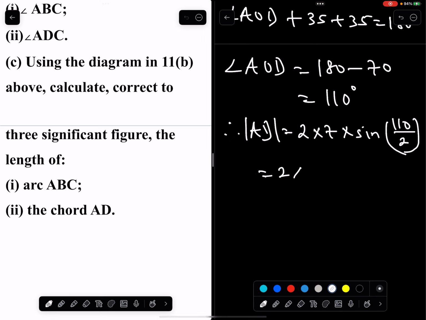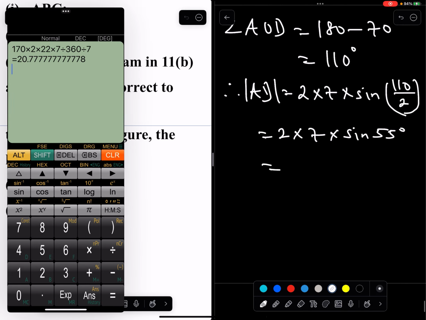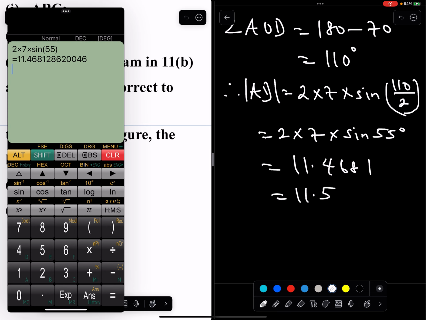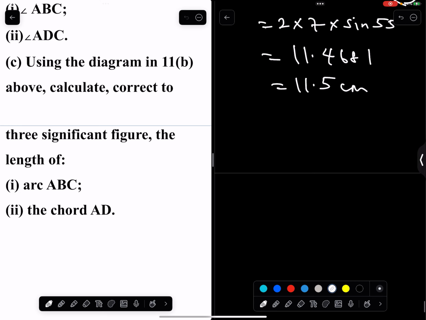That simply means 2 times 7 times sine 55 degrees. And what does that give us? That's 11.4681. They said correct to 3 significant figures, and that's going to be 11.5 centimeters. That's the length of chord AD.